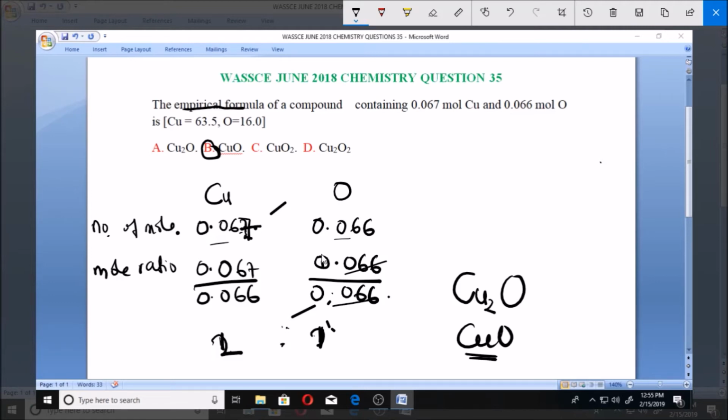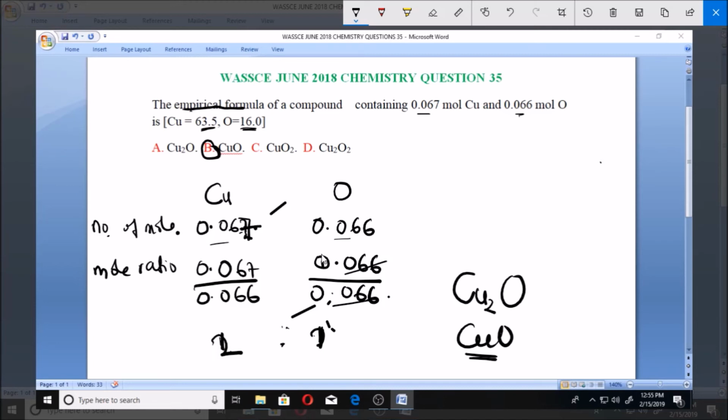Whenever you want to calculate the empirical formula, it has to be the mole ratios. If you're given masses, you're supposed to use the atomic masses to calculate the number of moles. But the number of moles is already given, so you don't need to do that calculation.